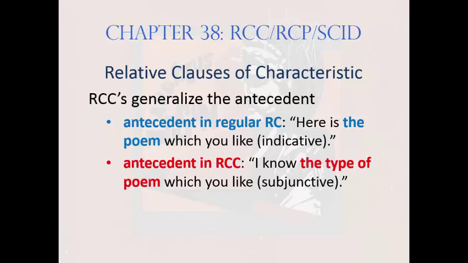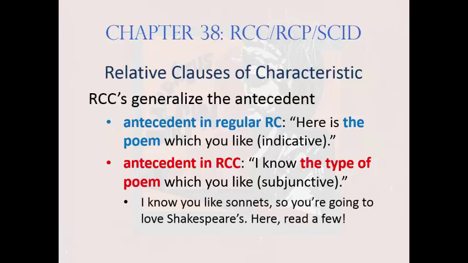But make the verb in the relative clause subjunctive, and the antecedent is no longer specific. For instance, I know the type of poem which you like. I'm not thinking about a specific one. I just know you like sonnets. Here's a book of sonnets by Shakespeare. I'll bet you love them too. You better, they're great.